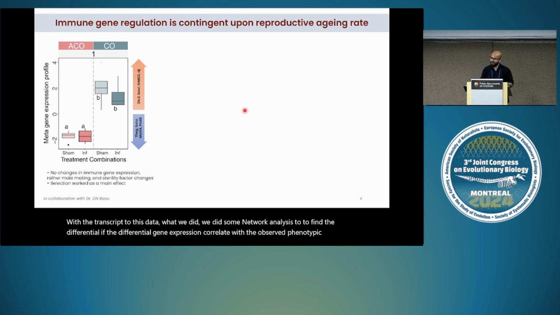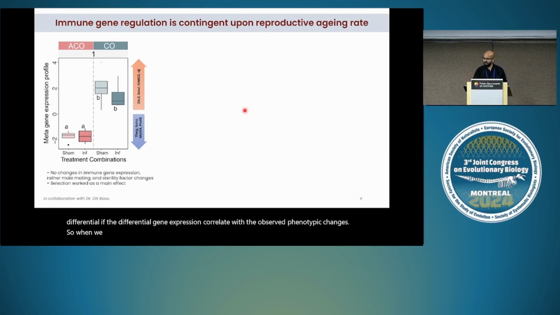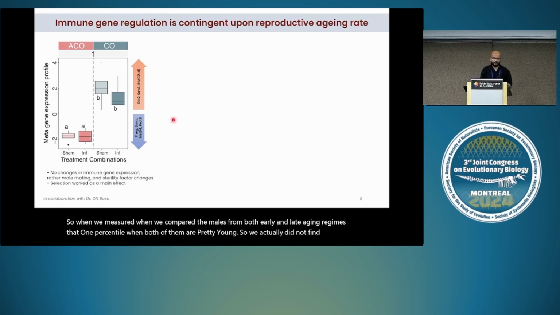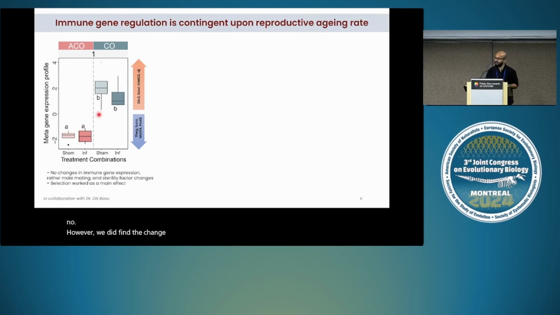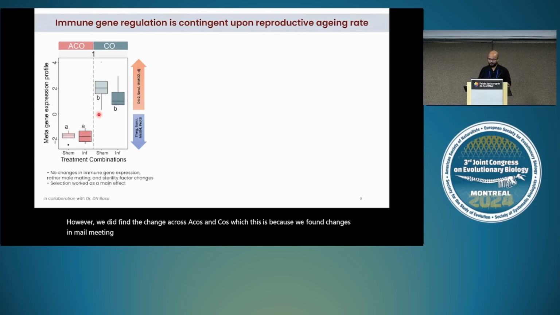So when we compared the males from both early and late aging regimes at 1 percentile, when both of them are pretty young, we actually did not find any change in their immune gene expression. As you can see that the sham and infected, there is no difference. However, we did find the change across ACOs and COs, which is because we found changes in male mating and sterility factors.